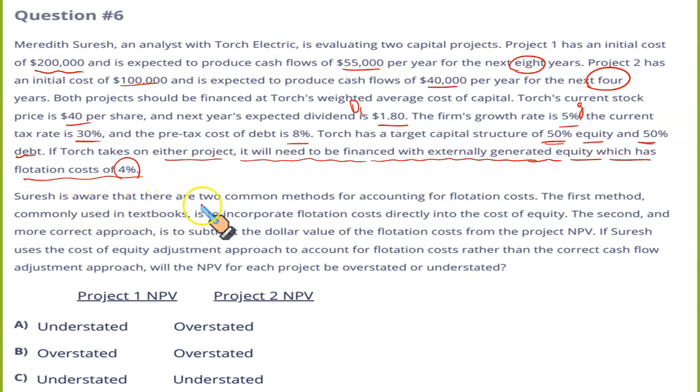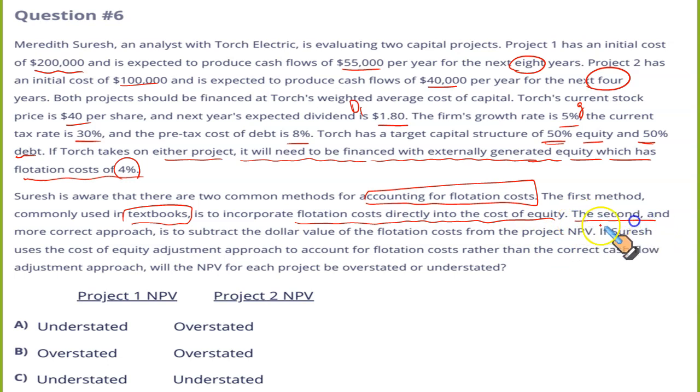Suresh is aware that there are two common methods for accounting for flotation cost. The first method, commonly used in textbooks, in your CMA as well, is to incorporate the flotation cost directly into the cost of equity, cost of debt, cost of preferred stock. We've done it in your Section B, Corporate Finance, CMA Part 1, Part 2.